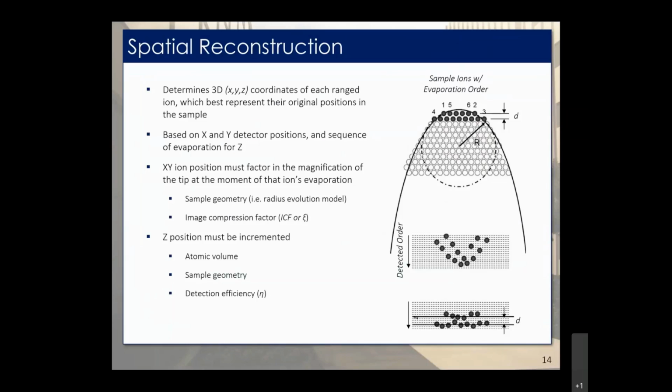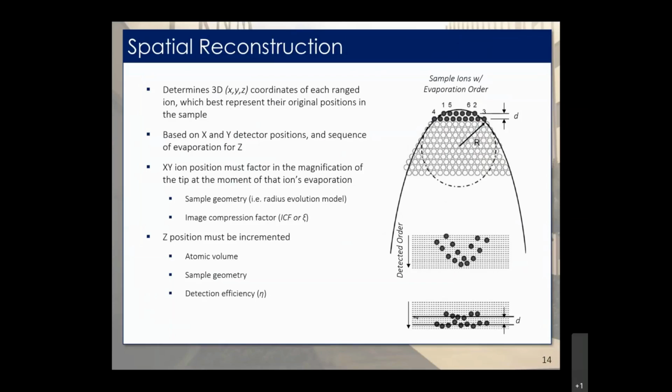And depending on that model, that will also include different inputs. So if we were choosing a voltage profile, we would have to use as input the voltage at the moment of the evaporation, as well as a value for the proportionality constant. If we were using other methods, such as, say, the shank angle, then we would need those inputs as well. And then also the XY factor will be affected by something known as the image compression factor.